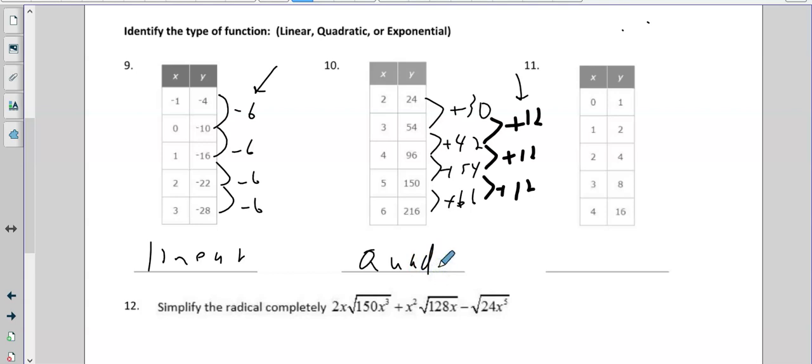All right, and then here we have times 2, times 2, times 2. I think 1, 2, 3, yeah, I just didn't draw the line very well. In that case, we have exponential.